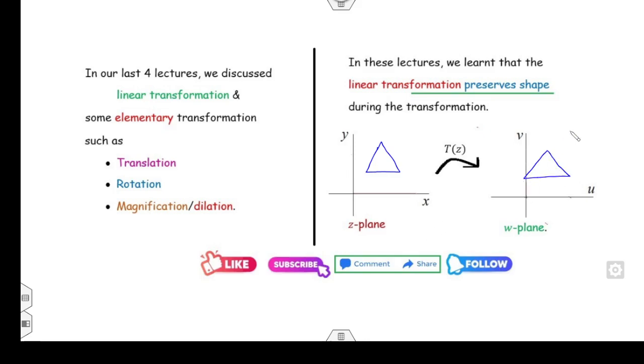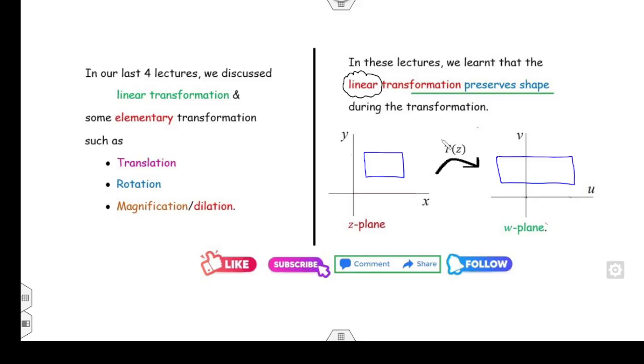It may increase in size, but it must have the same property. Likewise, if this is my circle, then it is also a circle in the w plane. If the original plane has a rectangle, then in the w plane it is also a rectangle. But the most important property is that this will hold only when it is linear.